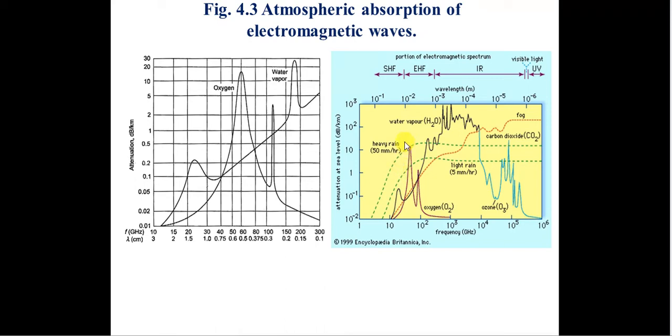So this line is heavy rainfall, this line is light rainfall, the dotted red line is absorption due to fog, this black line is absorption due to water vapor present, the blue line is because of the ozone layer, and this red solid line is absorption due to oxygen.